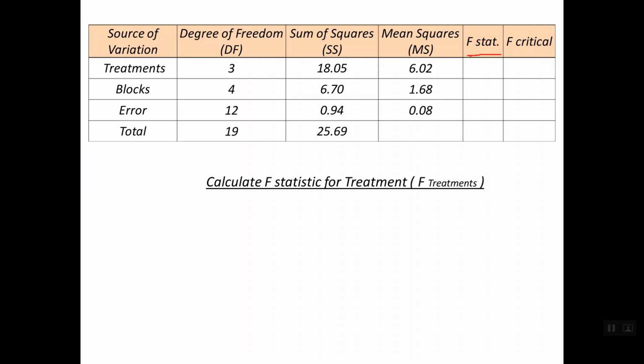The formula to calculate the value of F is simply to divide the mean square by the mean square of the error. So for the treatment, the calculated value for F for treatments is equal to the mean square of the treatments divided by the mean square for the error.